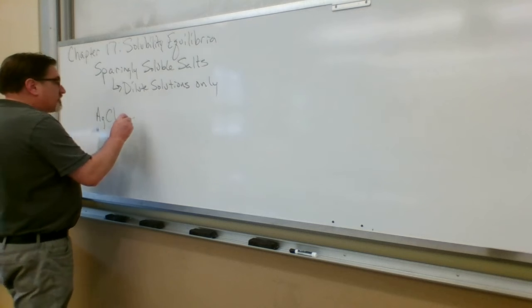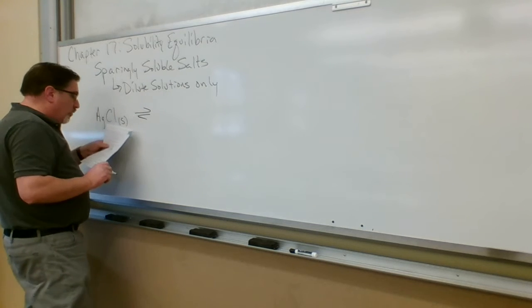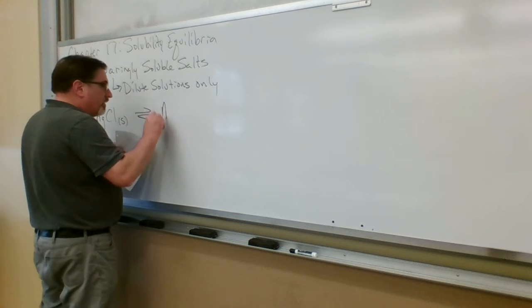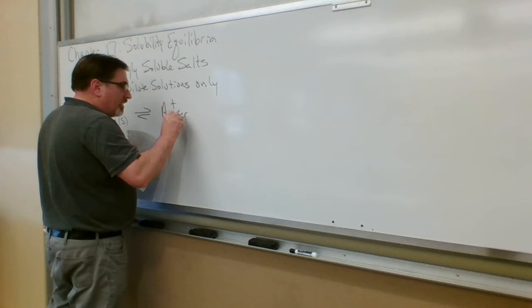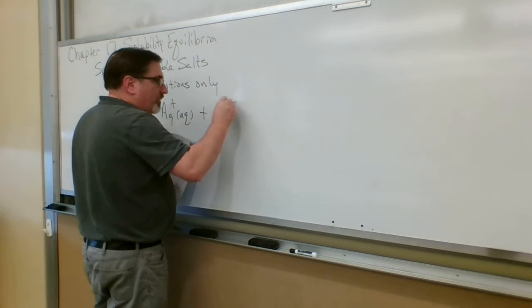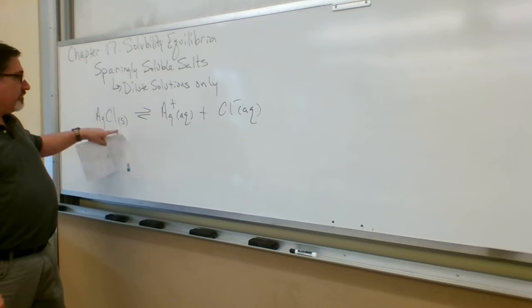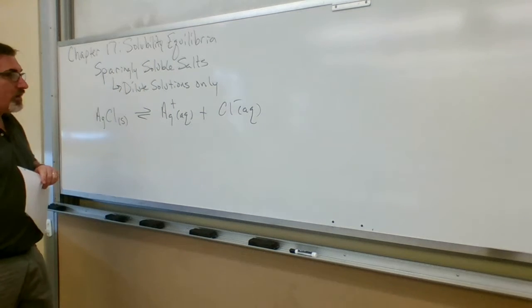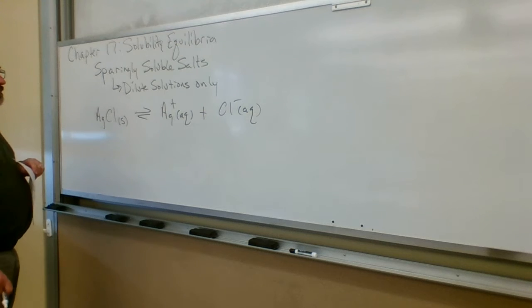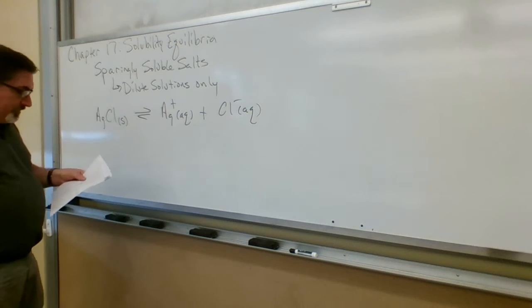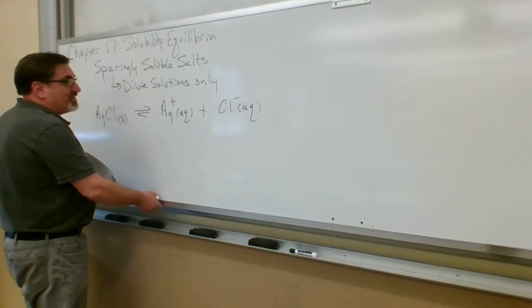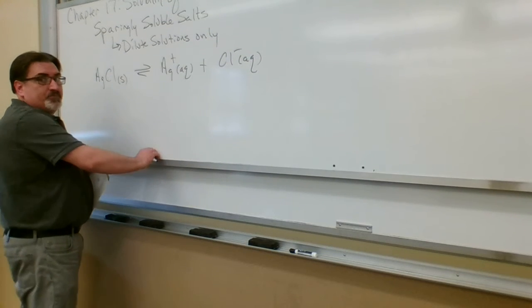So when we take a small amount of it and put it in water, we do get some Ag+ aqueous and Cl- aqueous, but not very much compared to how many formula units of silver chloride we put in there. So since this is an equilibrium, this must also have a Kc value associated with it.